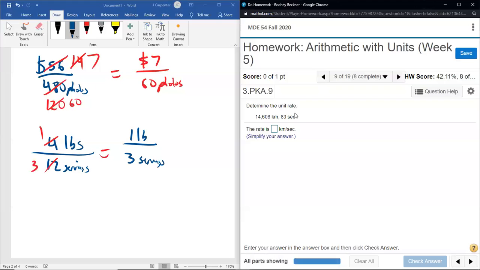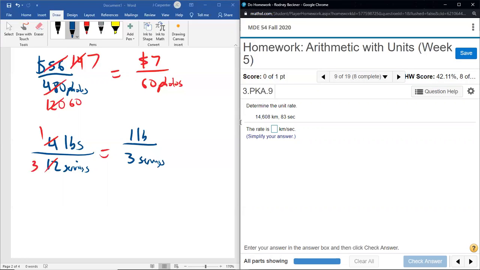All right, getting into the unit rate, something that is more likely how you'll be doing things in the real world outside of the classroom, because you're just going to go to your calculator and do the division. So some person or car or train or airplane went 14,608 kilometers in 83 seconds. And when I said plane, it also could be a spaceship. So let's see, what would the unit rate be?